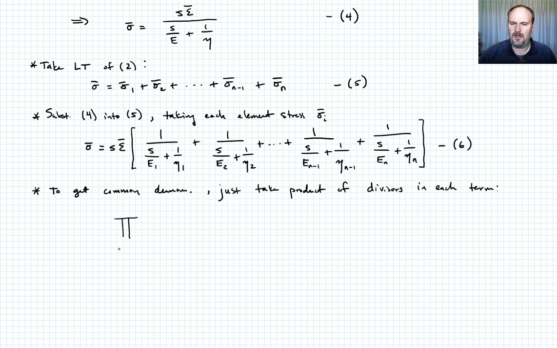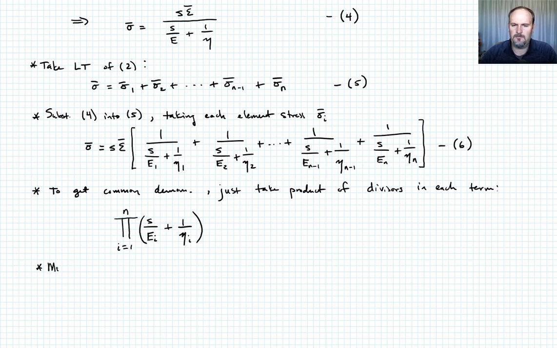So the product from i equals 1 up to n looks like the product of each of the denominator terms, so this is s over E sub i plus 1 over eta sub i. It's that product, and we're going to multiply equation 6 by this common denominator.